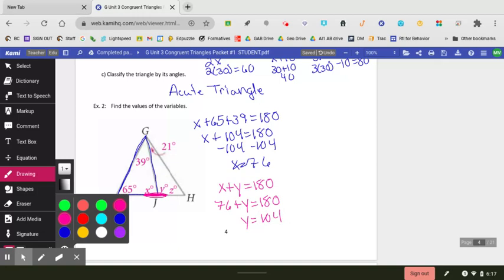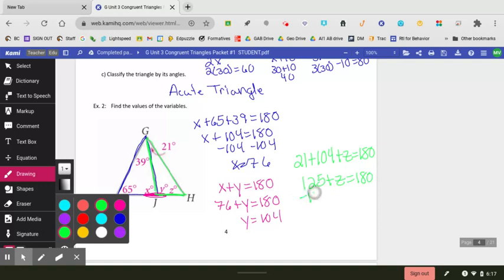Now to find z, I'm going to use this green triangle, which is triangle GJH. And I'm going to say 21 plus 104 plus z equals 180. So that's 125 plus z equals 180.